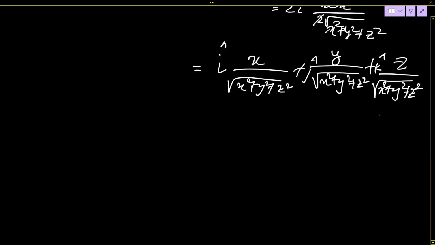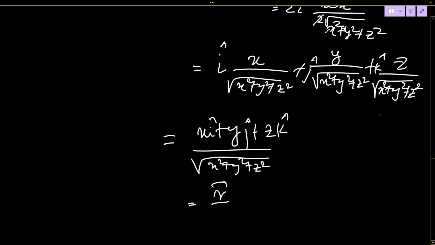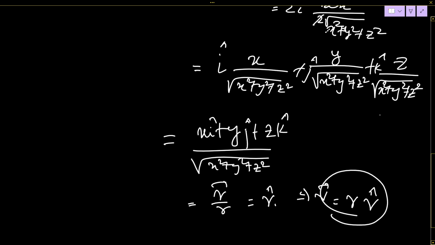So you can see here, I can write it as xi cap plus yj cap plus zk cap whole divided by root over of x square plus y square plus z square, which is what? R vector divided by r, that is r cap. Okay, r cap. And this is r vector is equal to r into r cap, right?